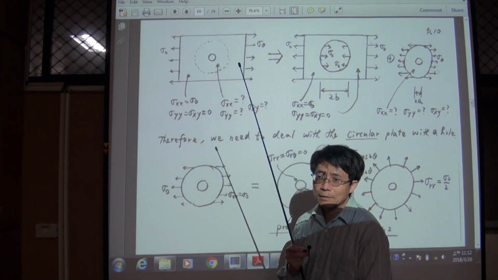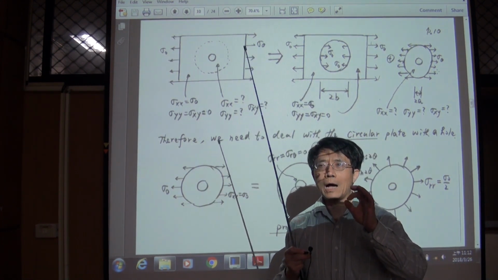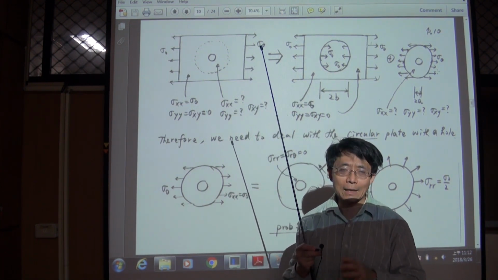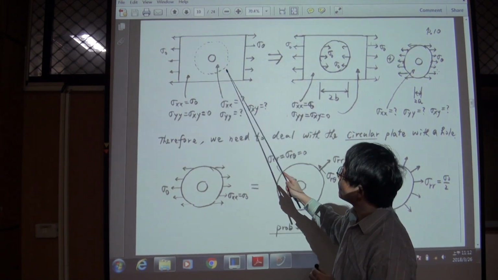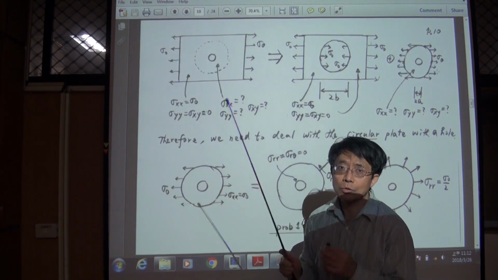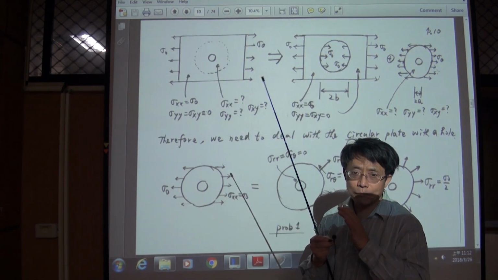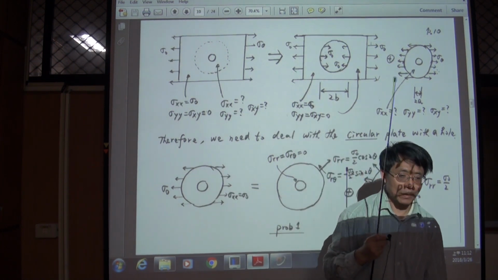But see, as we have done, by taking the limit, how big is b? b is much larger than a, then you are okay. Understand? So we don't care about the precise value of b. So long as b is much larger than a, then we can apply the solution we had obtained.